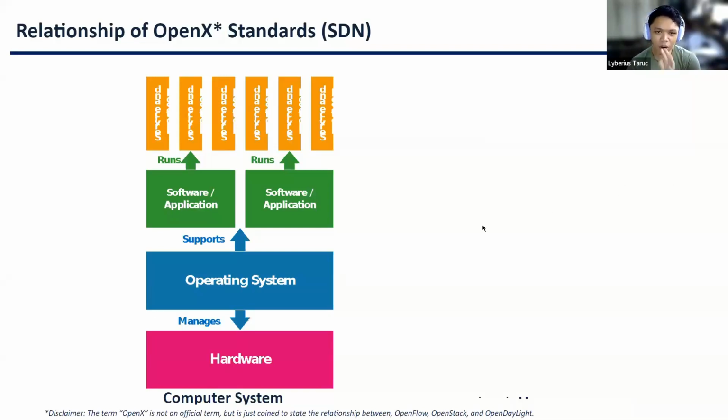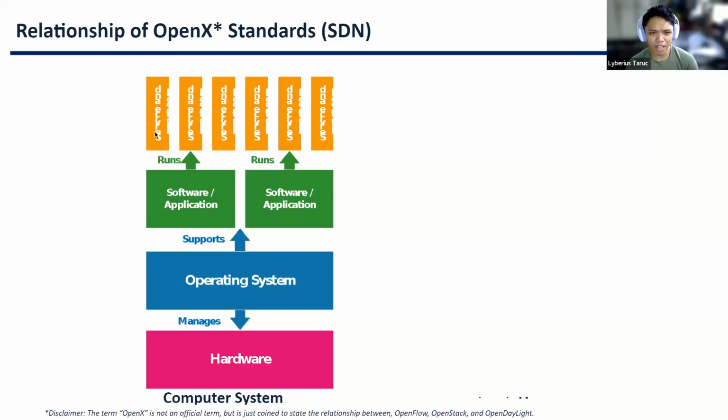In your computer, you have your hardware. You cannot have a computer without an operating system; you need to install the OS on top. And for the computer to be useful to you as the end user, you need software or applications installed. Inside those applications, underlying beneath, are services and protocols.